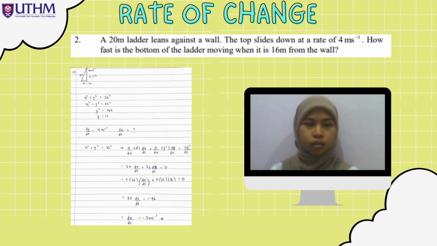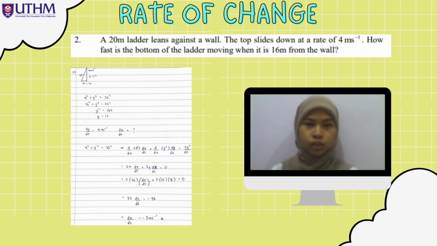From the equation we have here, we need to differentiate it to get dx over dt. When we differentiate x squared, we get 2x dx over dt. And then we differentiate y squared, we get 2y dy over dt. And then lastly, we differentiate 20 squared, we get 0.